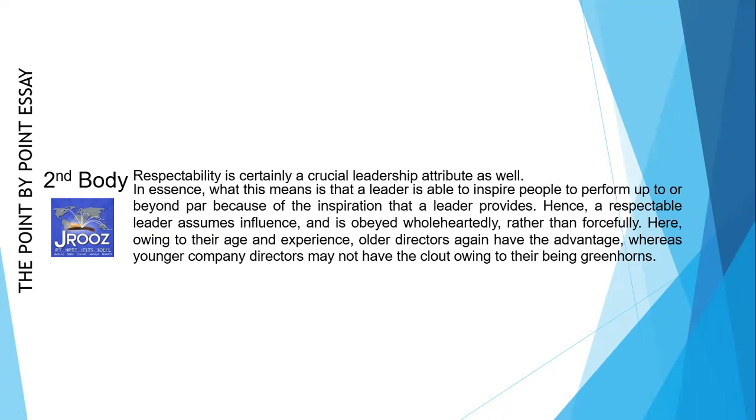In essence, what this means is the leader is able to inspire people to perform up to or beyond par because of the inspiration that the leader provides. Hence, a respectable leader assumes influence and is obeyed wholeheartedly rather than forcefully. Here, owing to their age and experience, older directors again have the advantage, whereas younger company directors may not have the clout owing to their being green.